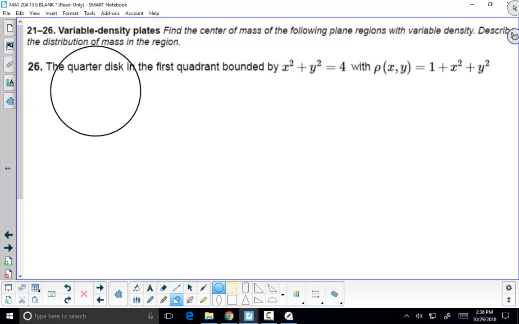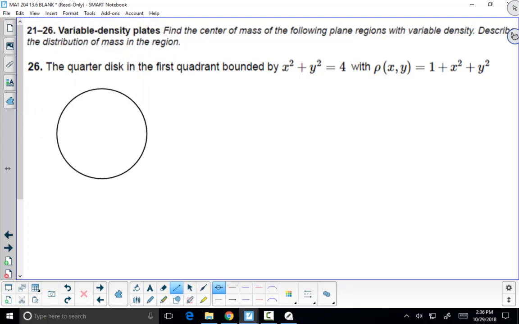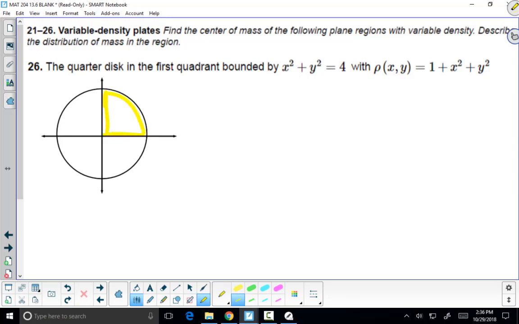So quadrant 1, we're only going to consider this part. So first, let's find the mass. And when we find the mass, we are going to do a double integral of the density to find the mass.